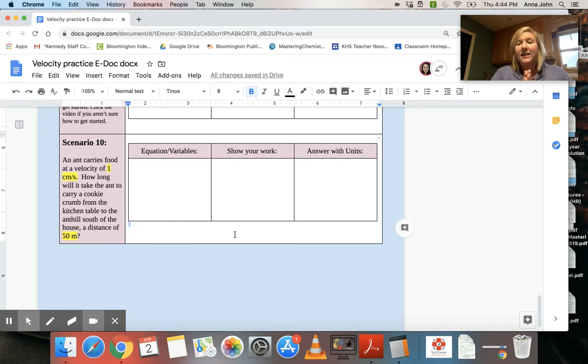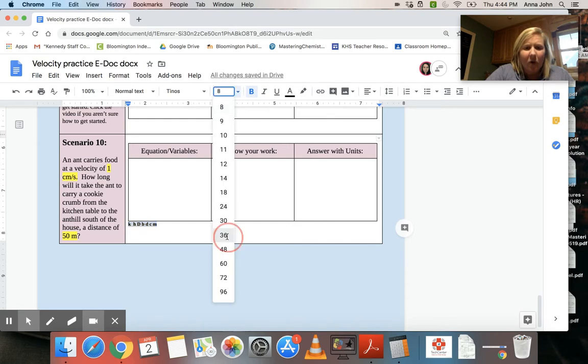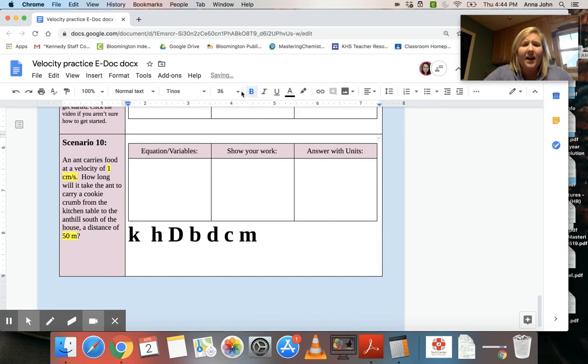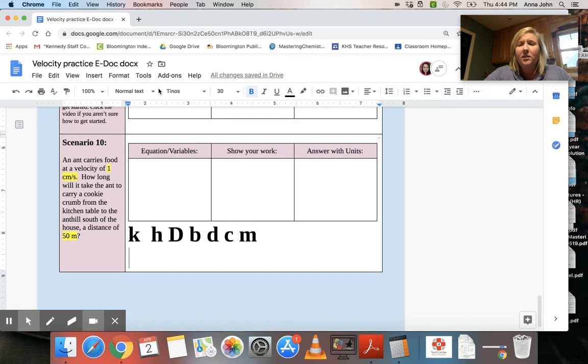Anytime we do a metric conversion, we need that silly little saying: kids have died, capital D, by, which is our base, drinking chocolate milk. Just like in the problem above, we want to convert the one that's by itself.